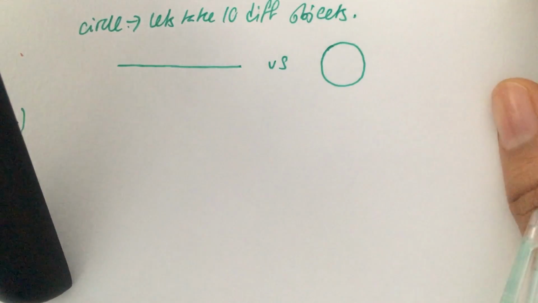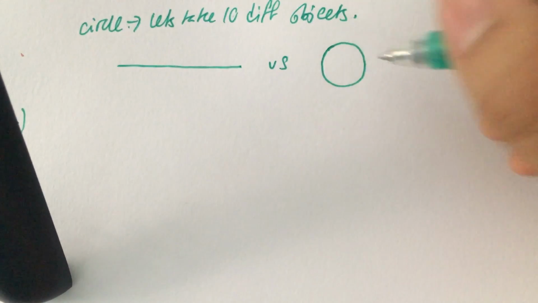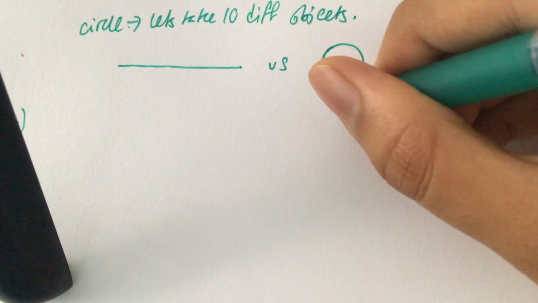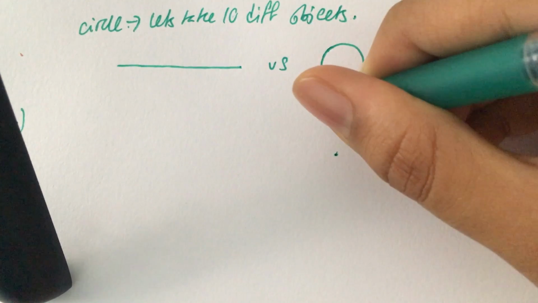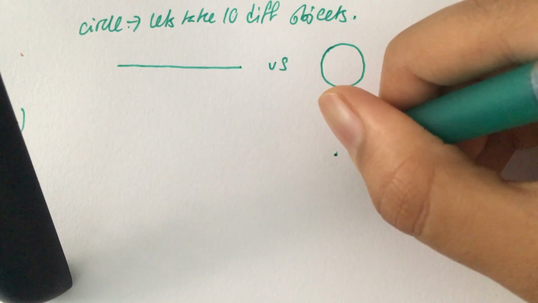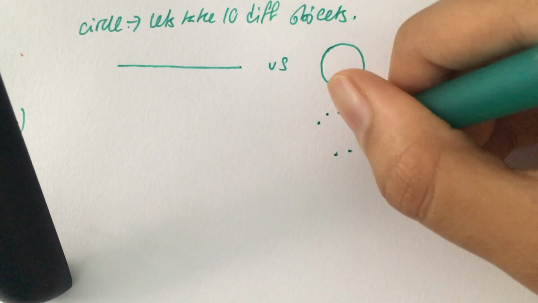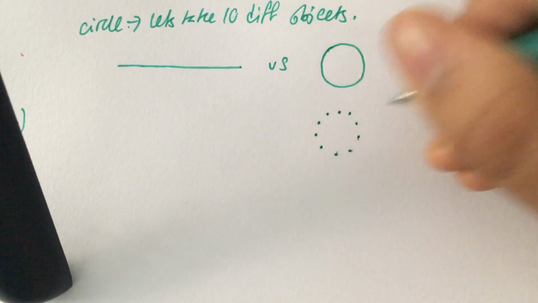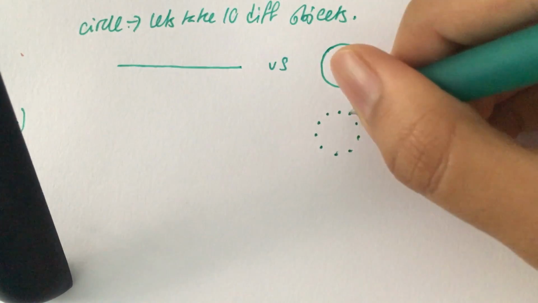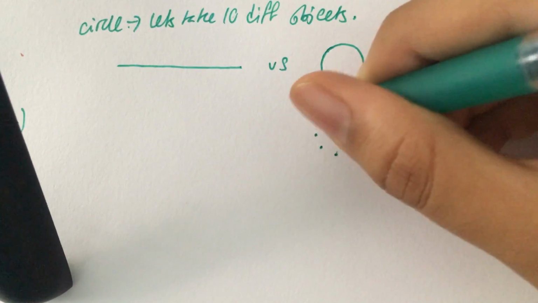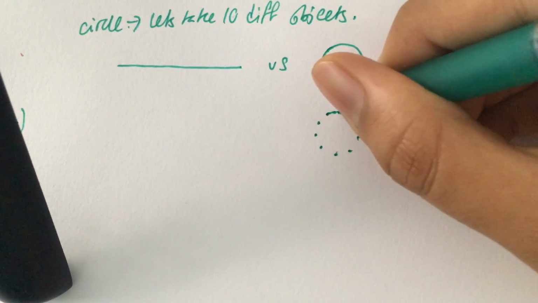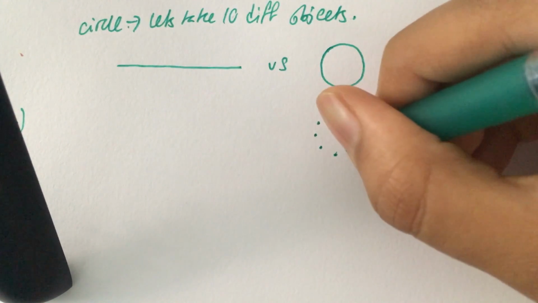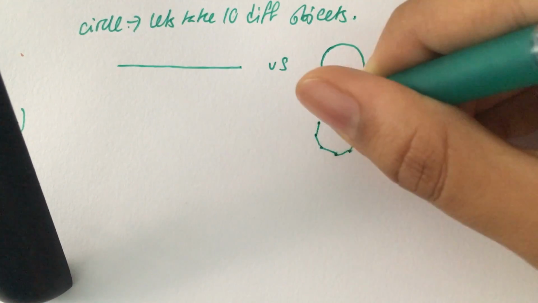Imagine you have your 10 objects in a circle, and then you draw a decagon with them, joining the objects, like the vertices of the decagon. And now that you have your decagon, you realize that you can rotate it 10 times to get back to the same point, and it'll be some kind of a symmetry.